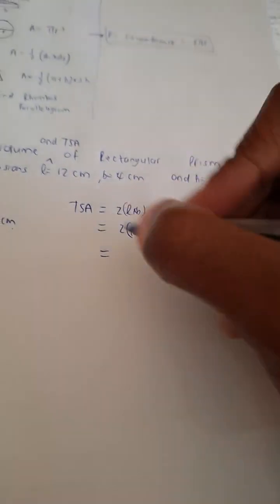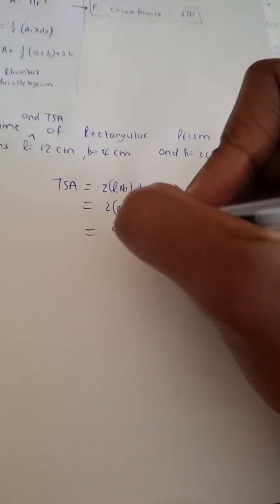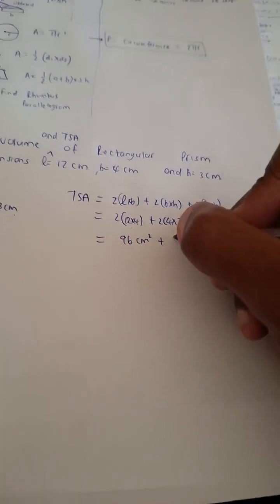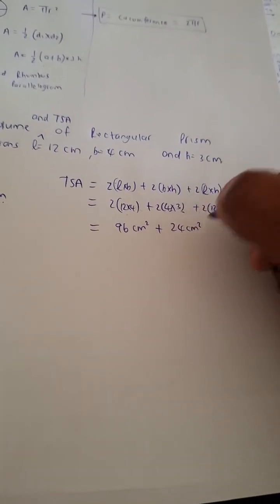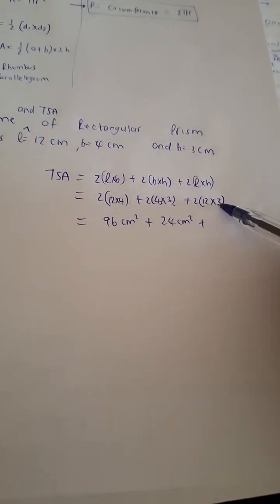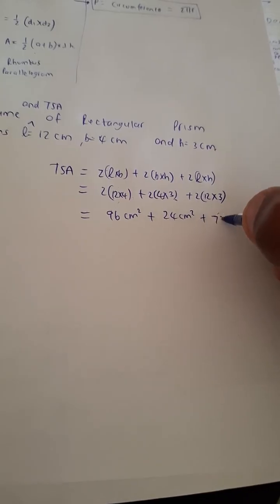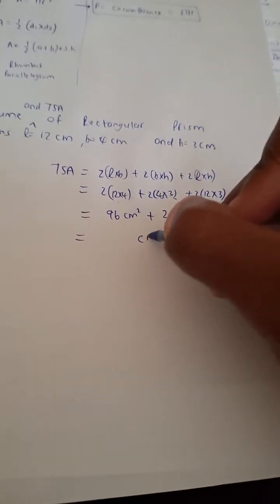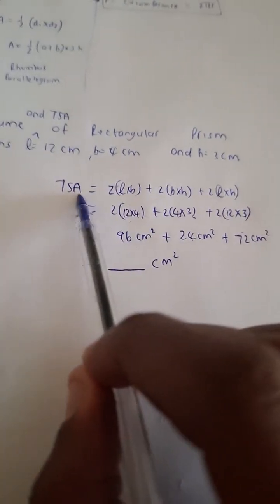So this is 48 times 2, guys. 48 times 2 is 96. We don't have to do this, but I'm just doing it because for me it helps. 4 times 3 is 12, 12 times 2 is 24 centimeters squared, and 12 times 3 is 36, 36 times 2 is going to be 72 centimeters squared. If you add all of this together, you should get a final answer, which of course is going to be in centimeters squared, because we are dealing with surface area.